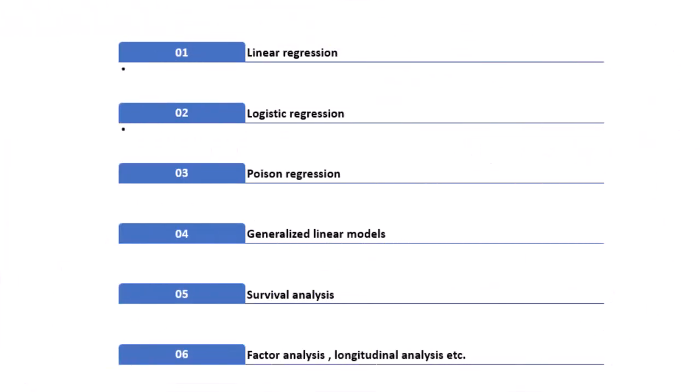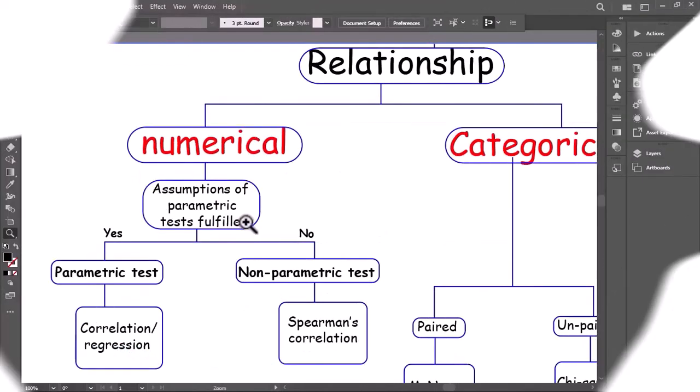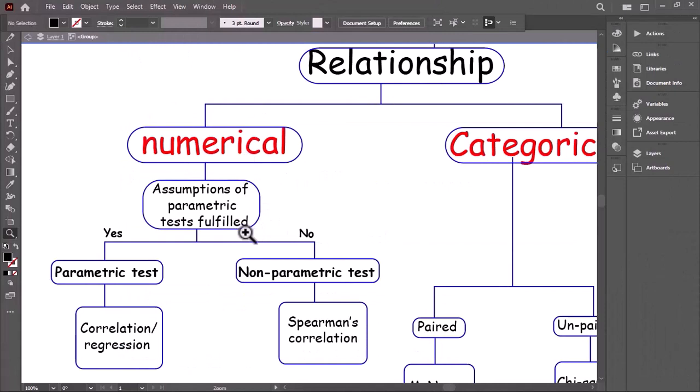Later on we shall be looking at the different regression methods and how to choose the one which is most appropriate. And if your numerical data does not meet the assumptions for a parametric test, then the non-parametric alternative for Pearson's correlation coefficient is Spearman's correlation.